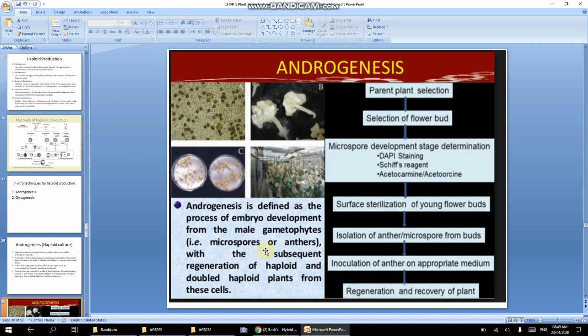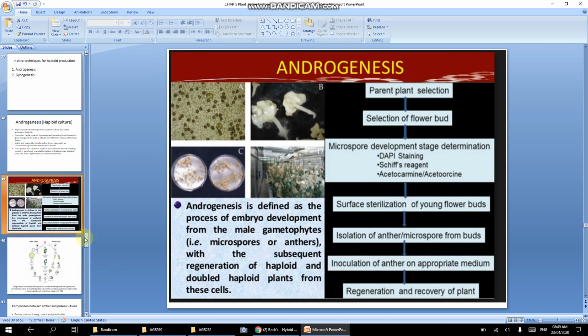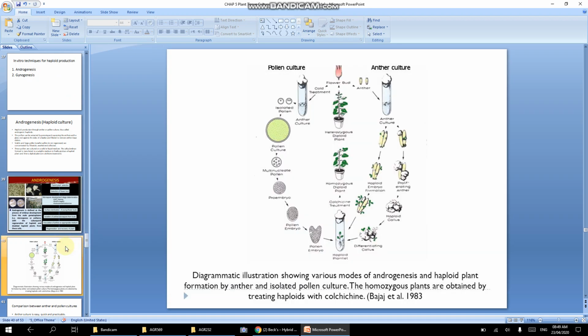Imagine you have the anther, you grow the anther, and then you add colchicine in order to produce homogeneous diploid after you produce the haploid. So it's either pollen or anther. It's half, and so eventually they put colchicine in, and it will become diploid.